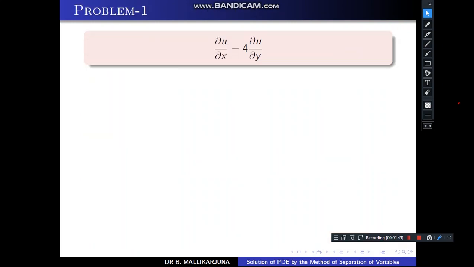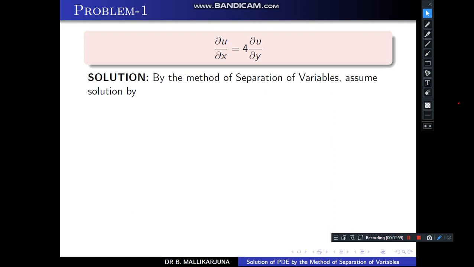Now let us take one example. Dou u by dou x is equal to 4 dou u by dou y. So by the method of separation of variables we assume the solution u is equal to X of x and Y of y, and observe dou u by dou x and dou u by dou y. Now we find dou u by dou x and dou u by dou y based on this assumption.